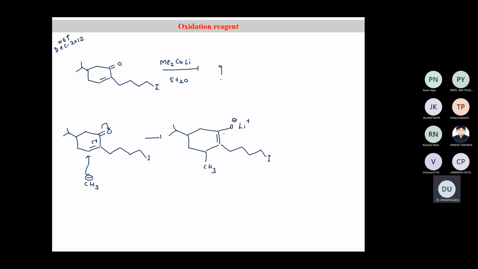Second time, see, there is no other reagent available, but the internal departing group iodine is there. So next time the reaction takes place at alpha position in this way. Now this is a CH2, CH2 again.